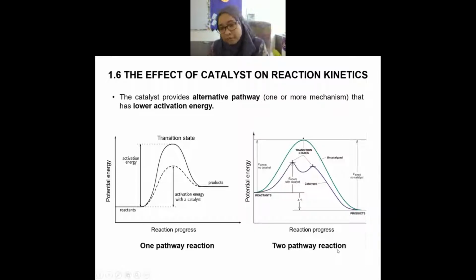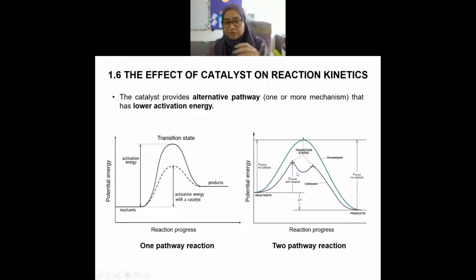Alright, for two pathway reaction, the way the catalyst reacts is that it reduces the EA. It reduces the EA, it's just that it has a few steps.